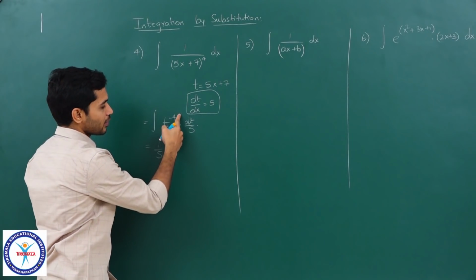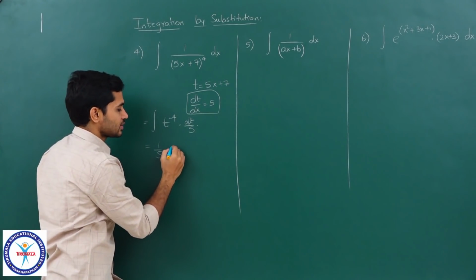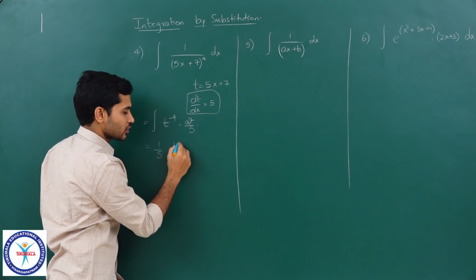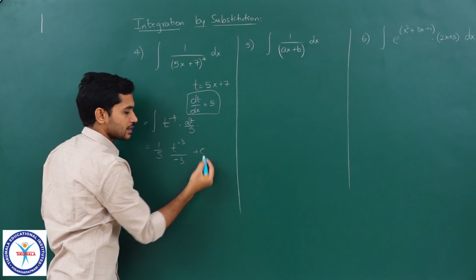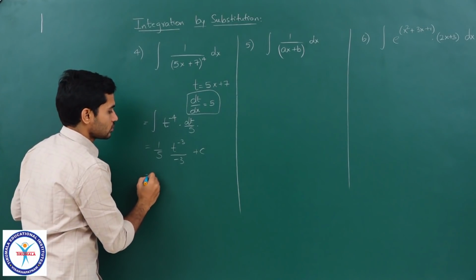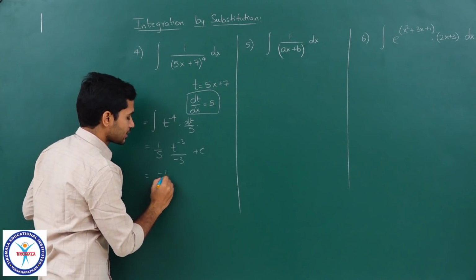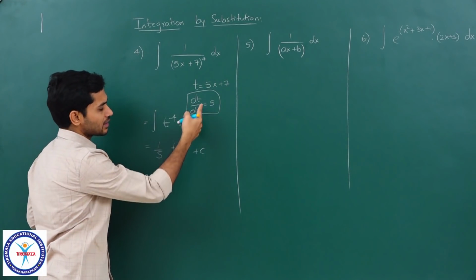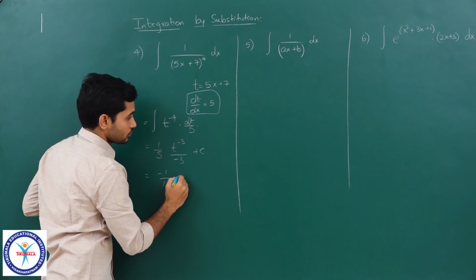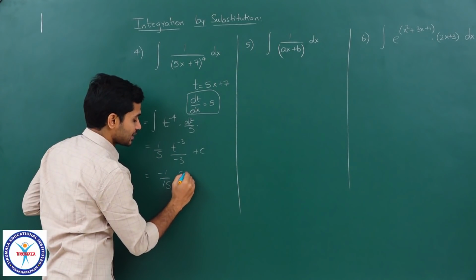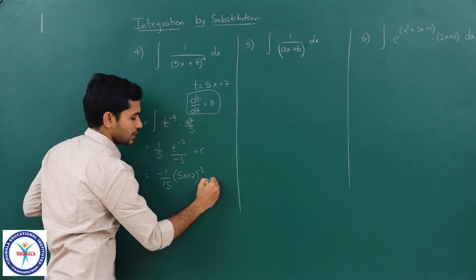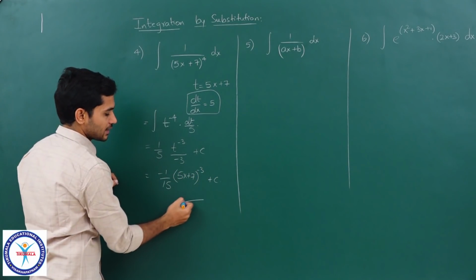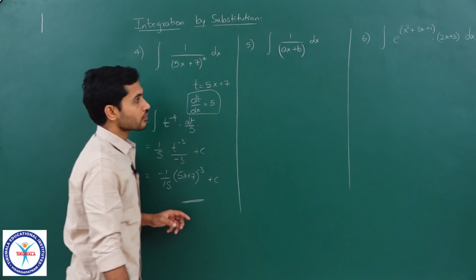So, we have t power minus 4 dt, which is t power minus 4 plus 1, which is minus 3, by minus 3, plus c. Clear? So, solving this will give me minus 1 by 15. So, bring back the value of t, which is 5x plus 7 power minus 3, plus c. So, that should be the answer. Simple, right? Okay.